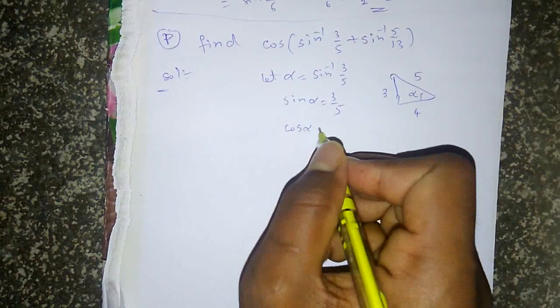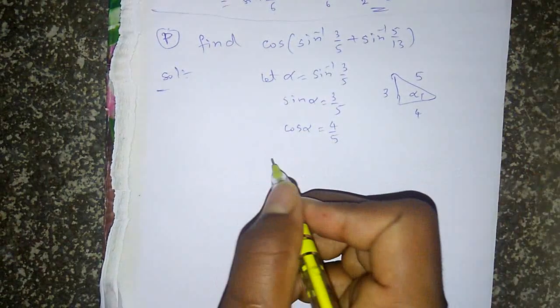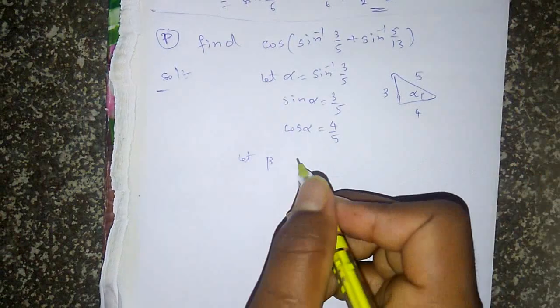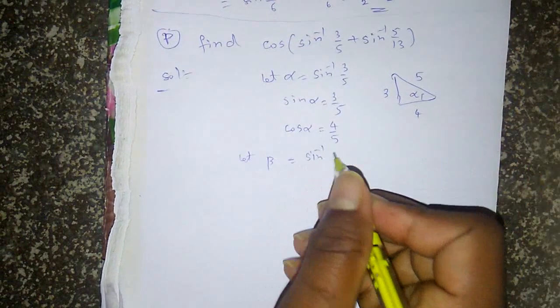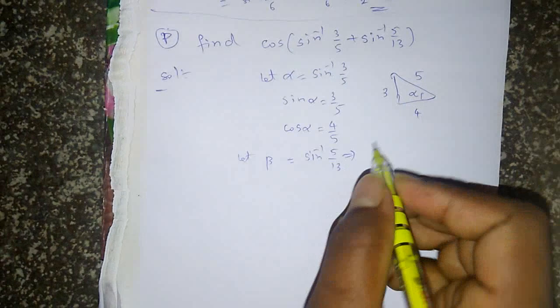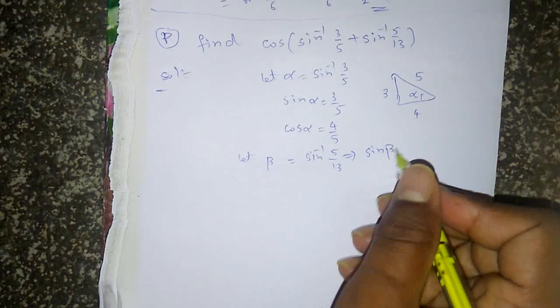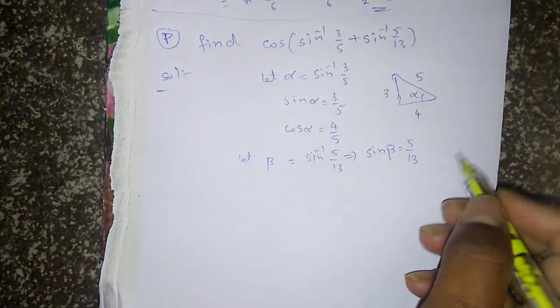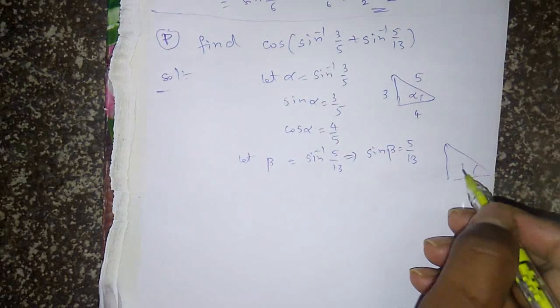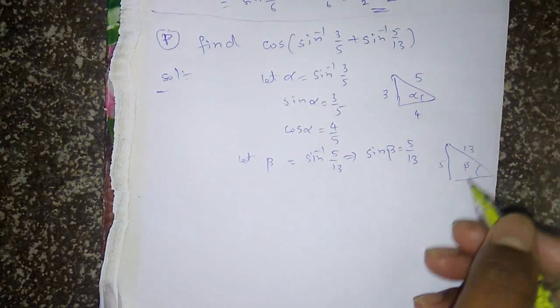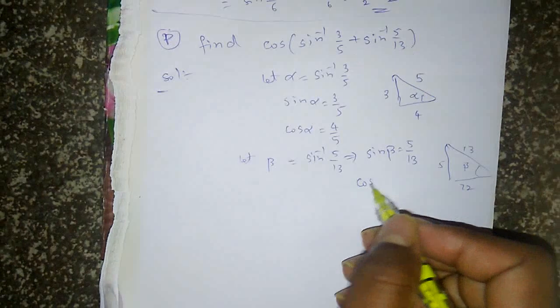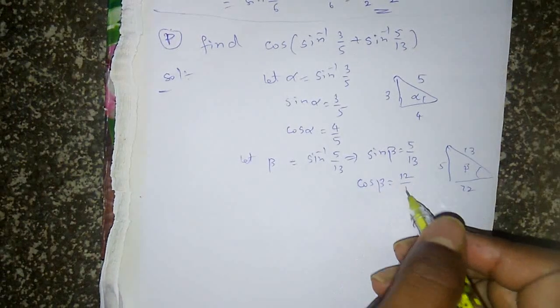Here cos alpha will be 4 by 5. Let us take beta is equal to sine inverse of 5 by 13, implies sine beta is equal to 5 by 13. So here take right angle triangle, this is beta, this is 5, 13, this will be 12. Cos beta is equal to 12 by 13.